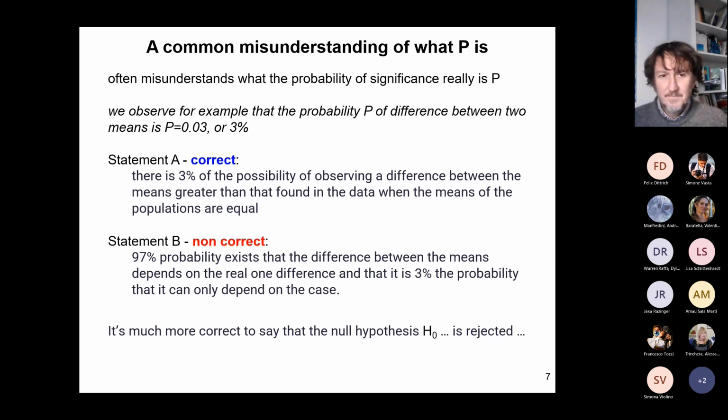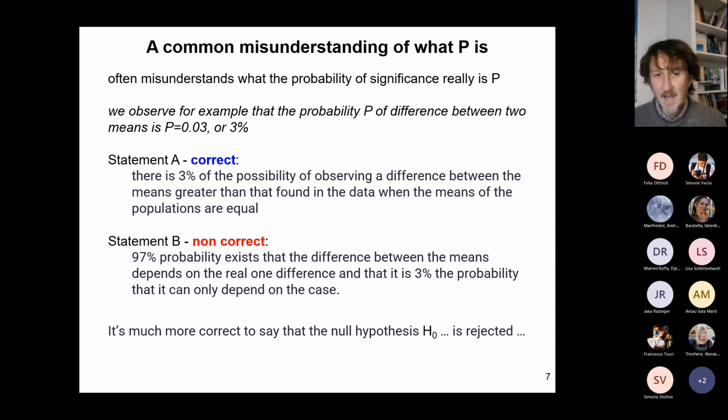In other cases, we can also find incorrect statements like the second, B. There is a 97% probability that the difference between the means depends on a real difference, and a 3% probability that it depends only on chance. Apart from the fact that this is not correct, both of them are very hard to understand.